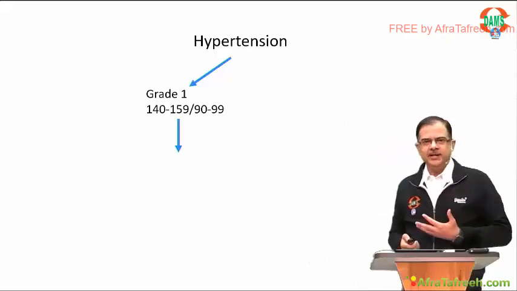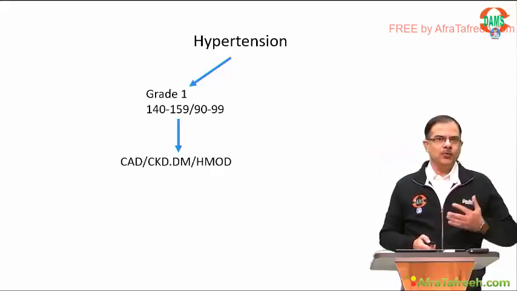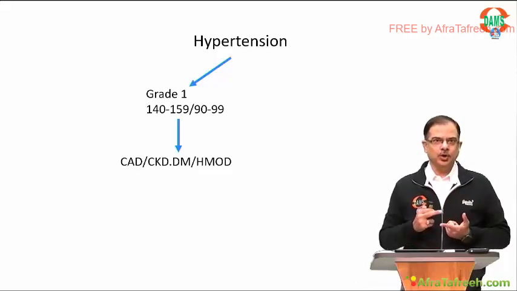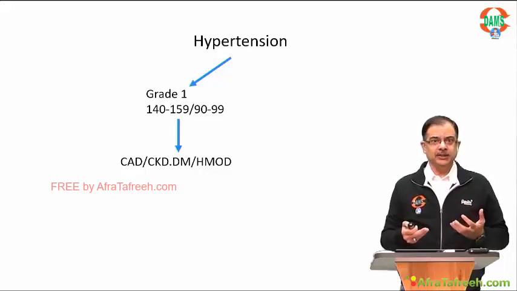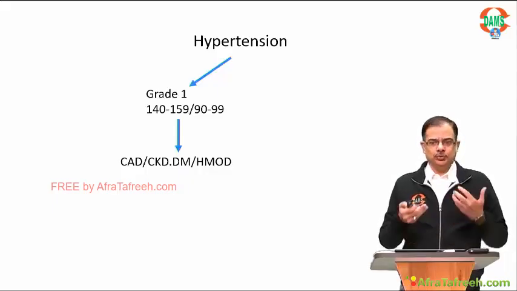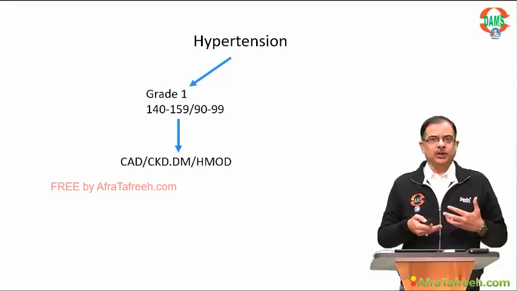In that condition, we will look at comorbid conditions like coronary artery disease, diabetes, CKD, or hypertension mediated organ damage like LVH on the ECG or LVH on echo. So the heart is affected due to high blood pressure.